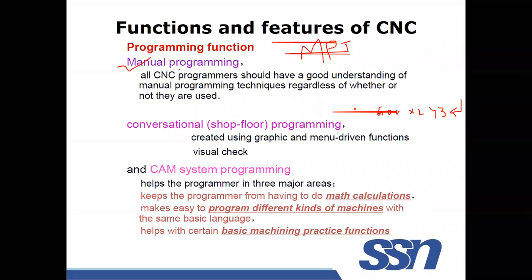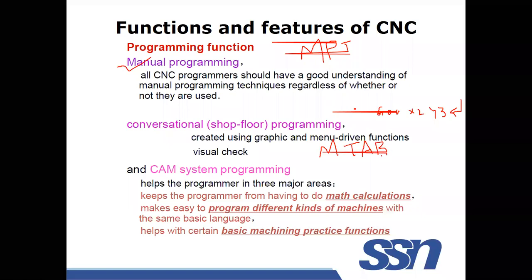Once you understand manual programming, then you can do programming in any advanced software. You have to understand the syntax of the software and you can make any complex program. Conventional shop floor programming involves using particular software. Say MTAB, which is a company making CNC machine tools.